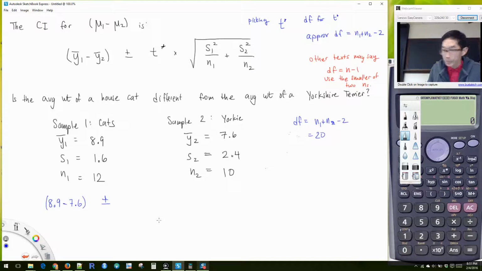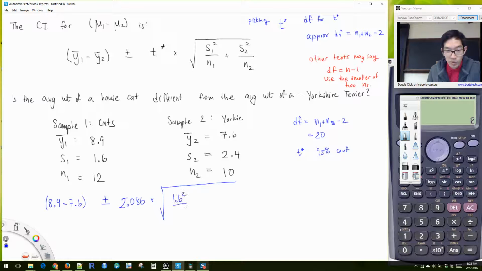So I look up 20 degrees of freedom, 95% confidence, and I'm getting 2.086.